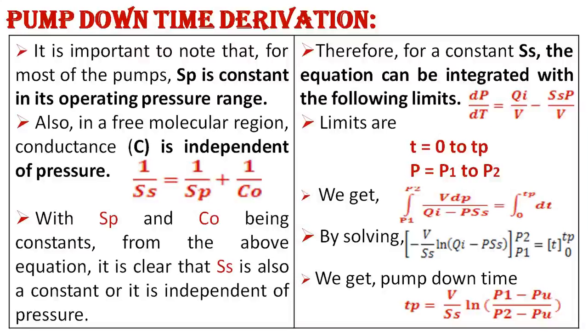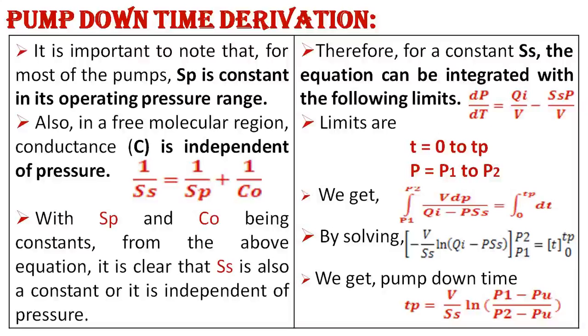So you will get the integral from P1 to P2 of V dP upon Qi minus S P is equal to the integral from 0 to t of dt. By solving, you will get minus V upon S ln of Qi minus S P over the range P1 to P2 is equal to t from 0 to t.